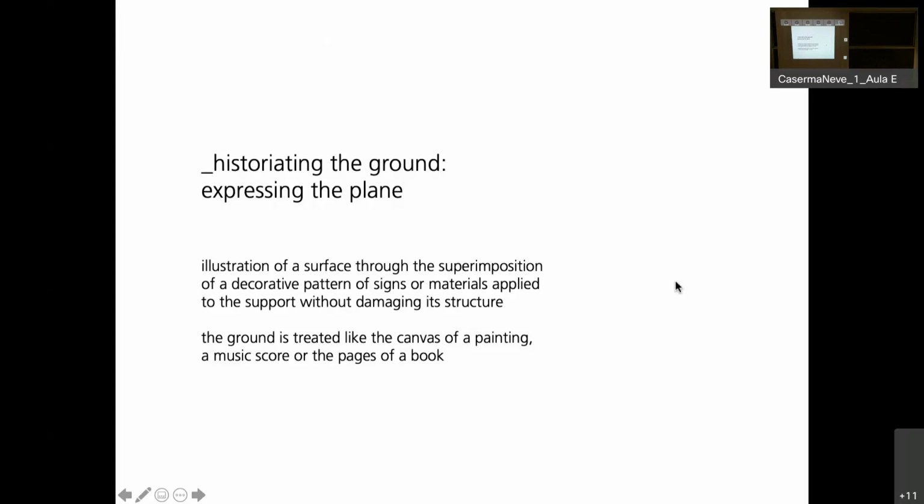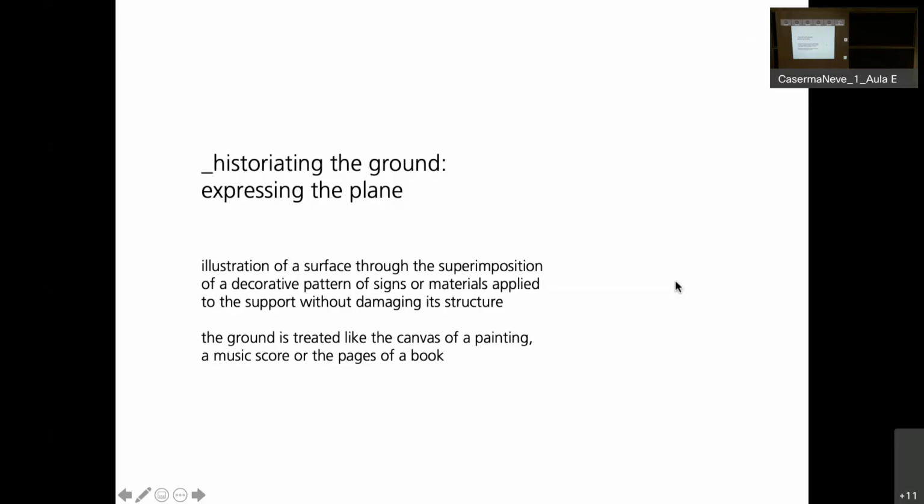It's just an attempt to identify two different and sometimes superposing approaches to the ground in terms of landscape approach. So the first one that we're going to tackle through some examples, not only recent but also arriving to more recent examples, is this one that I called historiating the ground.